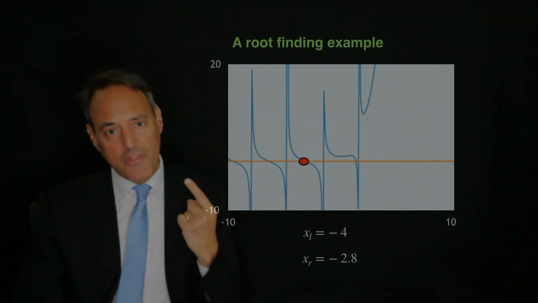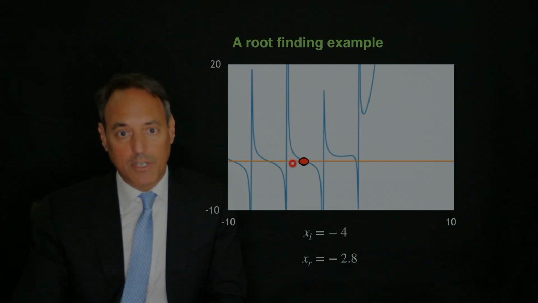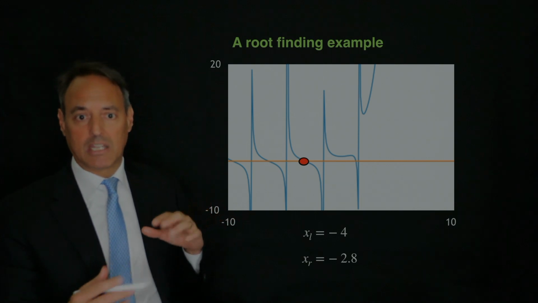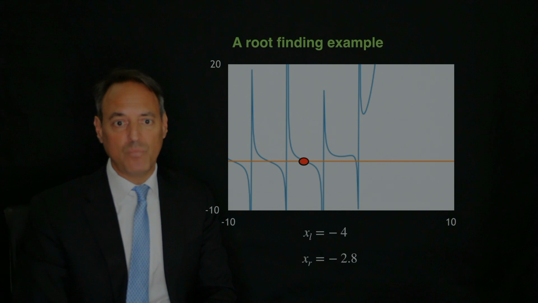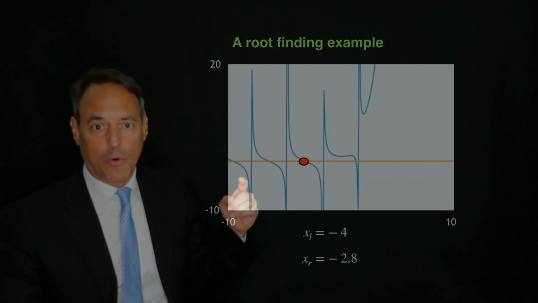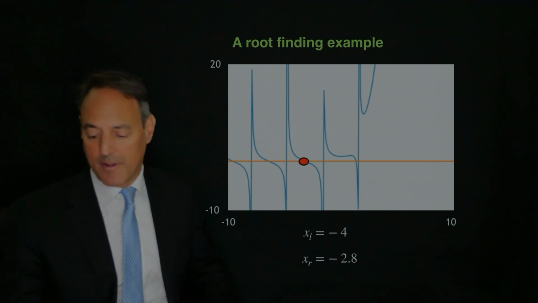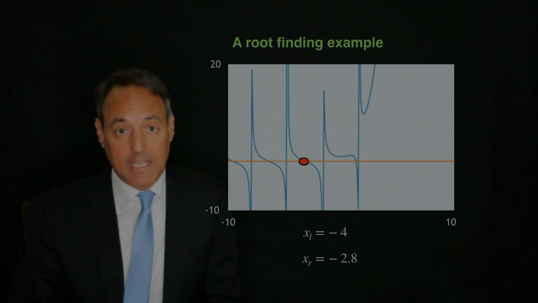Okay? The other thing I have information on is the point negative 4 is right over here somewhere, so it's positive, and negative 2.8, it's over here, it's negative. So I know that, roughly speaking, it's somewhere between negative 4 and negative 2.8. And if I'm in the negative 4 regime, right, over here, I'm positive, and if I'm over here at negative 2.8, I'm, in fact, negative.